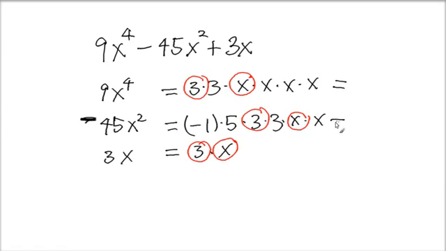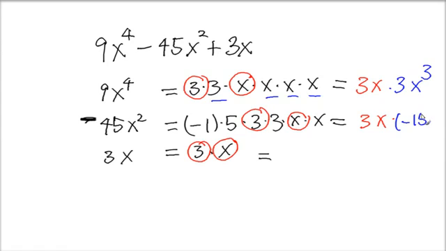So now we're going to write this as a product of the greatest common factor 3x and the remaining factors. The remaining factors here are 3 times x times x times x. That's 3x cubed. The remaining factors of the second term: minus 5 times 3 times x, so negative 15x.